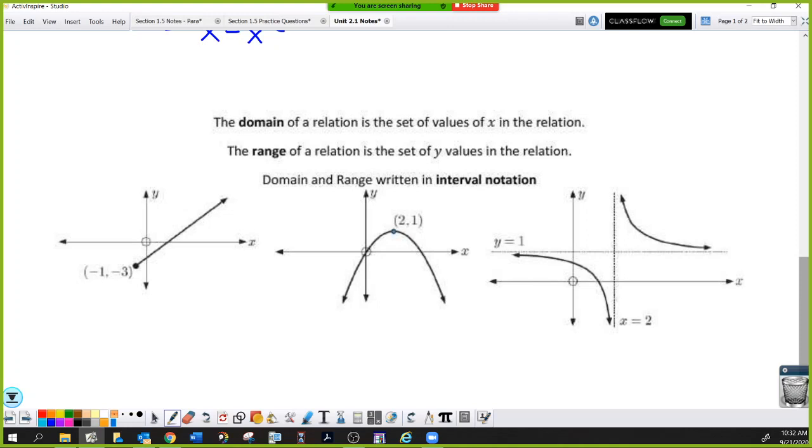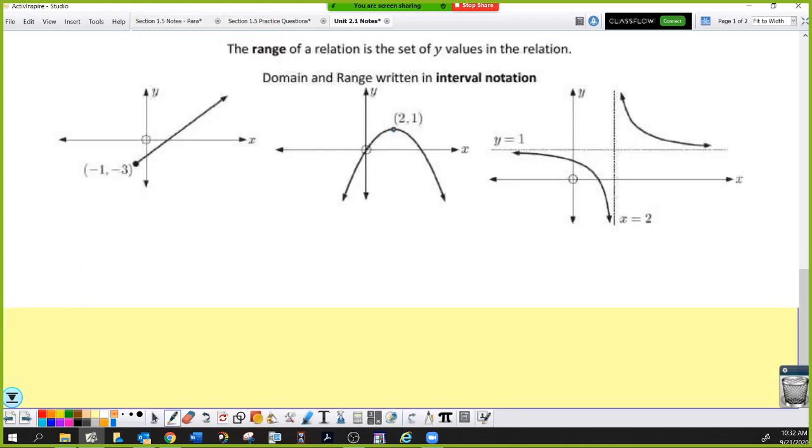So for this first example, our domain, let me scroll down a little bit so people in the back can see what's going on. The domain for this one is all the x's it covers up. Again, if you smashed it flat onto the x-axis, it would do this. So the very first x that it covers, and it does include it because this is a closed dot, is the x value -1.